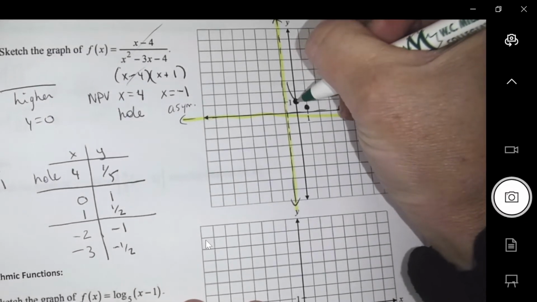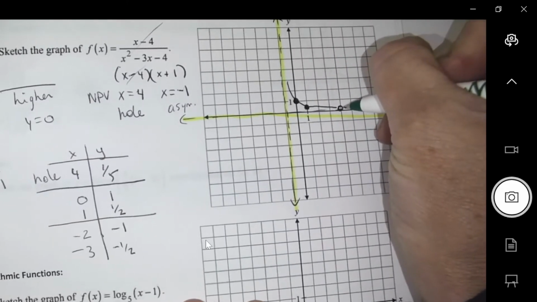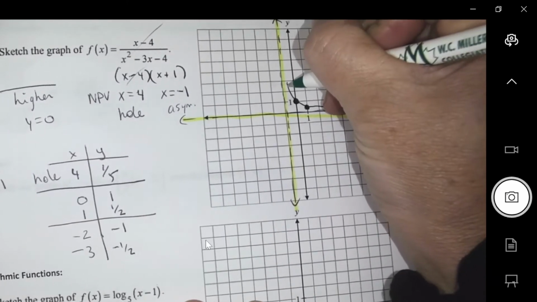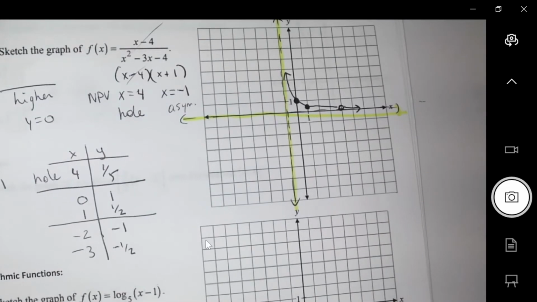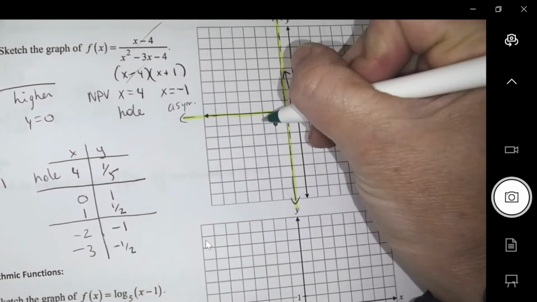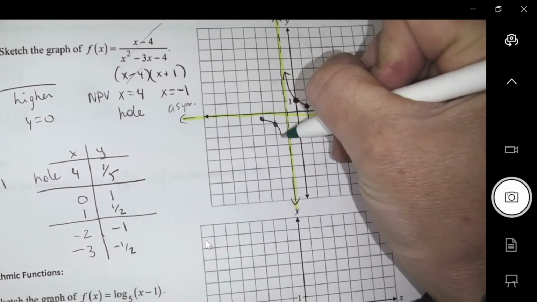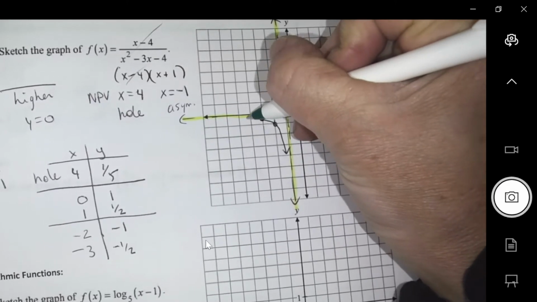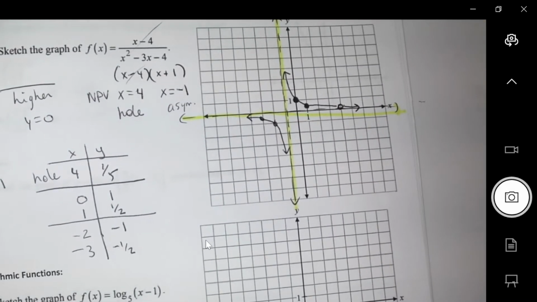Curves with the asymptotes. Gets lower, lower, lower. And then on the other side, it kind of just reflects the corners there.